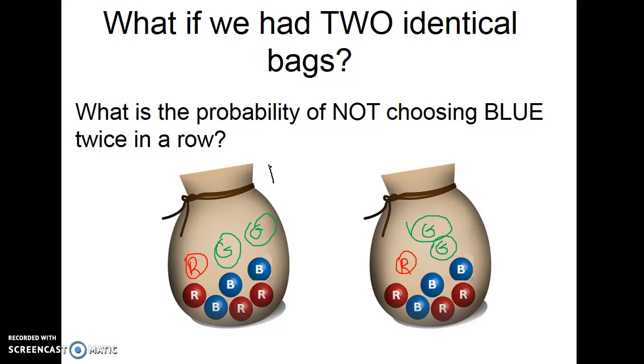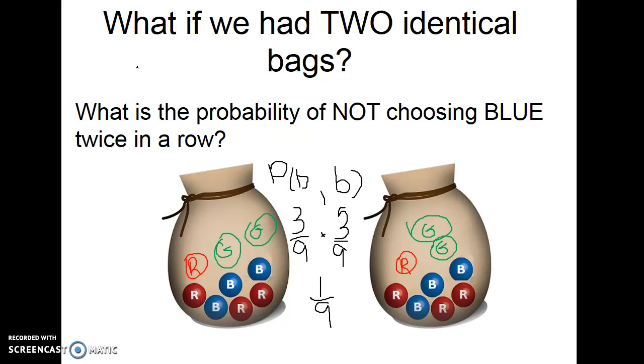So what's the probability of getting blue, blue? Well, since the probability of choosing blue the first time was 3/9, and choosing blue the second time in the second bag is also 3/9, I'm going to do 3/9 times 3/9, and I'm going to get 9 over 81, which is 1/9. So the probability of choosing a blue marble twice will be 1/9.